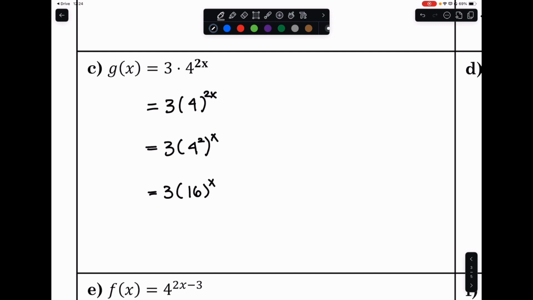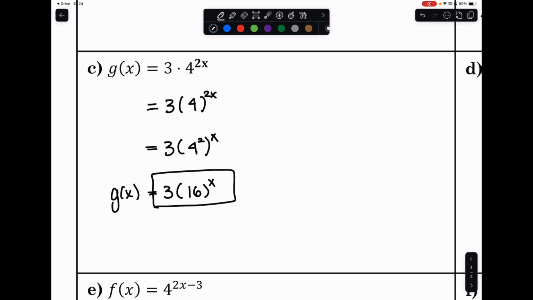Now, I didn't emphasize this on the last example, but these things cannot be multiplied together because 16 is being raised to the x power. And by the order of operations, I would first have to raise 16 to the power of x before I can multiply this with 3. So g of x is equivalent to 3 times 16 to the x power.